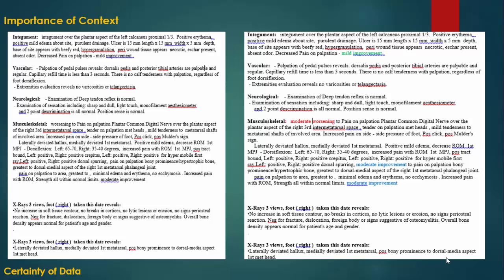So perhaps it's 20% improvement, 15% worsening, or maybe 85% improvement. Then we convert that into this verbiage in the chart note. But the important critical piece is we collect the data on improvement as a numeric that can be evaluated statistically.